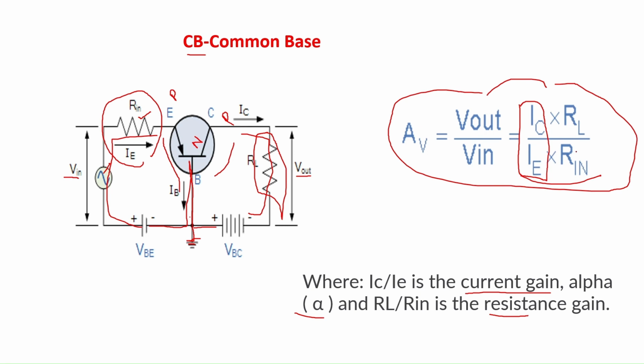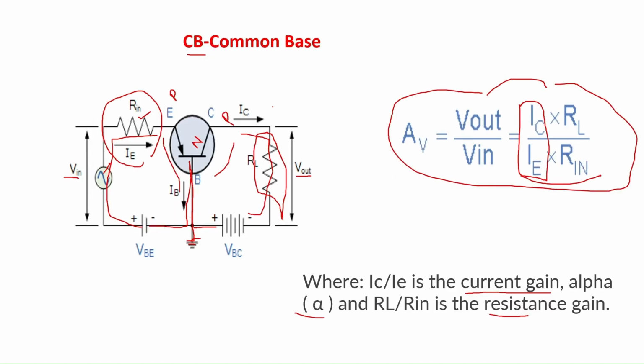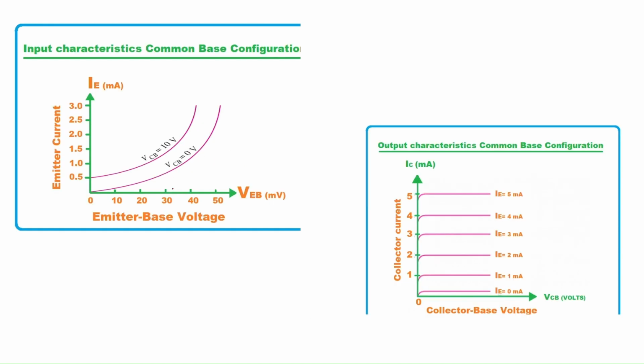These are the input and output characteristics for the common base configuration. For the input characteristics, the input current IE and input voltage VEB are plotted. In the x-axis, the input voltage VEB is plotted, and in the y-axis, the input current IE is plotted.